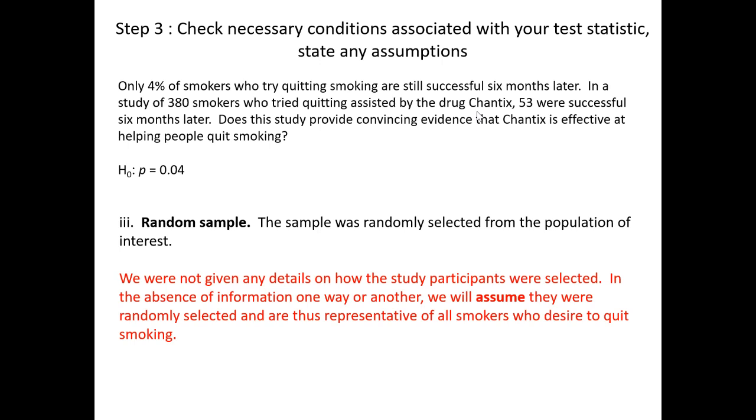Just not a lot of information here. So we will go ahead and assume for now, in the absence of any evidence to the contrary, that they're representative of the whole population. If later, though, we find out that maybe they were only people 50 years old and above, then our inference would only be good for that age group.